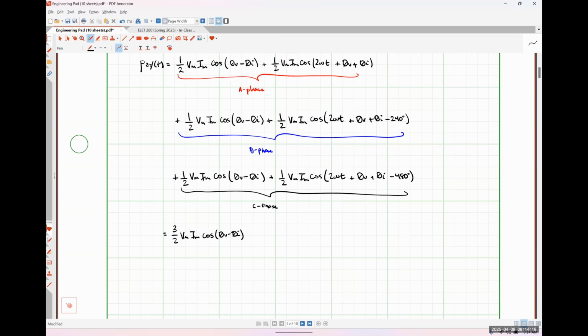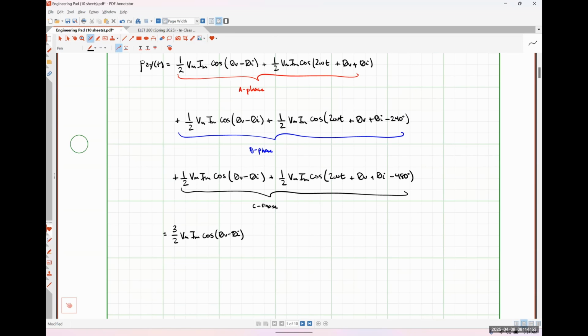Throw it in a calculator if you want to. If you did one angle 0 plus one angle negative 240 plus one angle negative 480, that's 0, which is just a fancy word for 0.